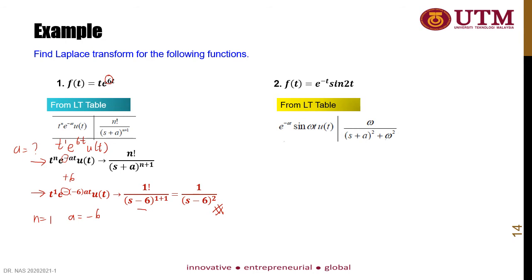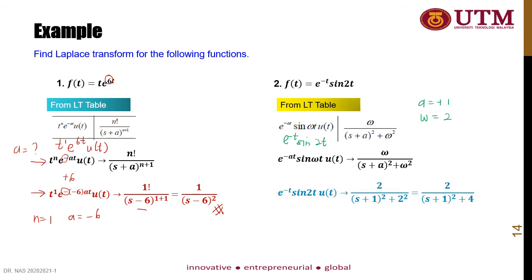In this case, your a is equal to positive 1 and your omega equal to 2. So you can simply replace all parameters by the values you have, and now you have F(s) equal to this.